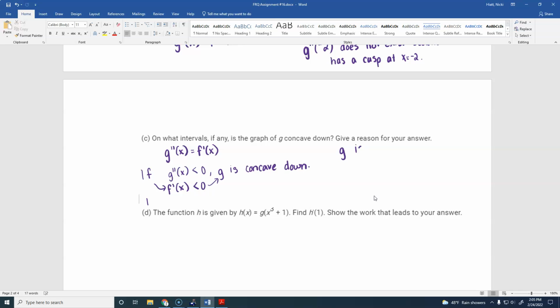G is concave down for -2 to 0 and 2 to 8 because it's important here.